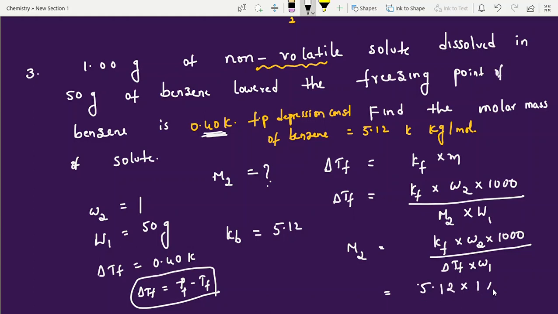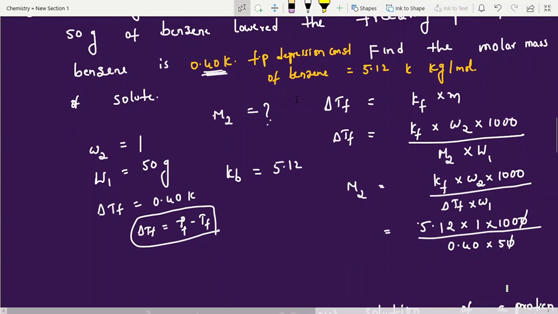1, by delta TF, how much, students? Yes, 0.40, and W1 we can cancel, and the remaining values we can simplify. Try to give the answer.